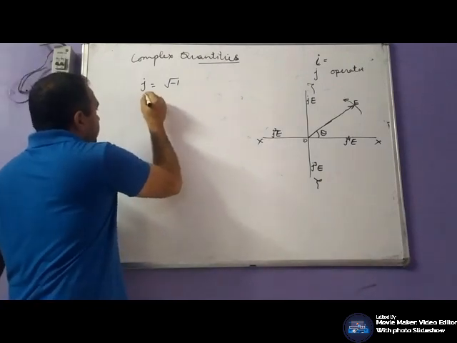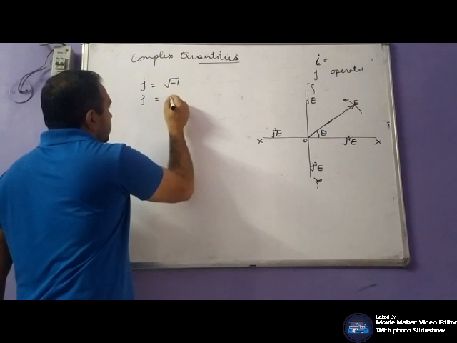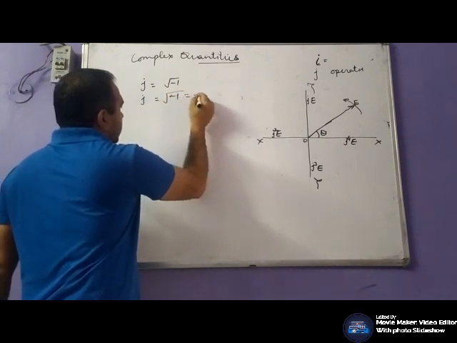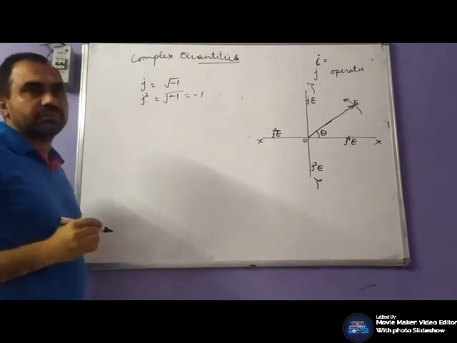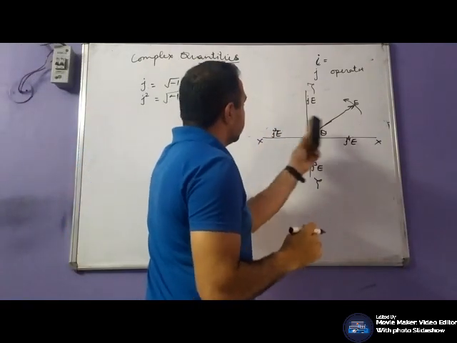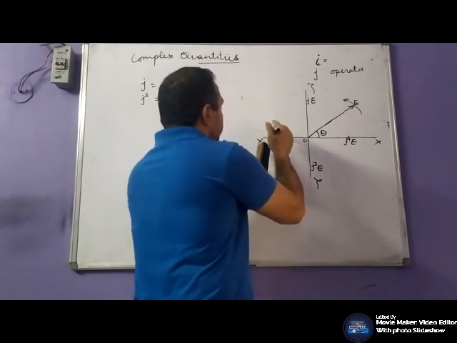j square is minus of 1, that is equal to minus 1. So what would be the value here? This E becomes minus E here.